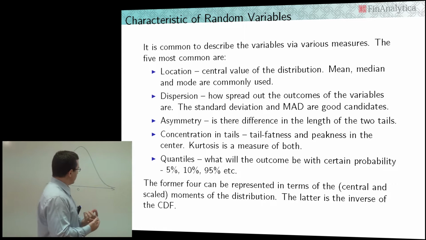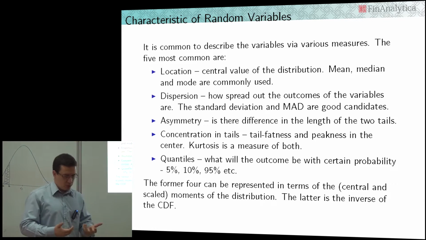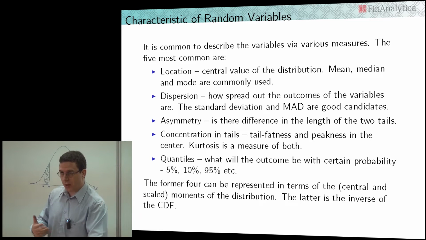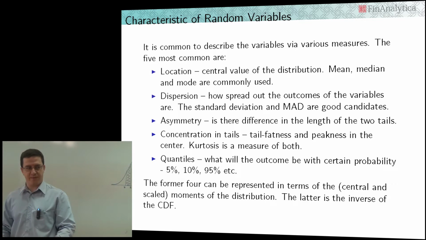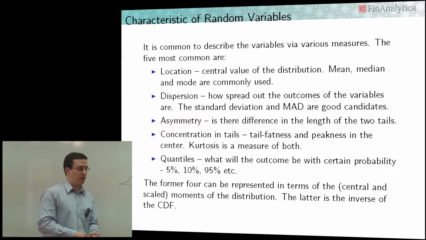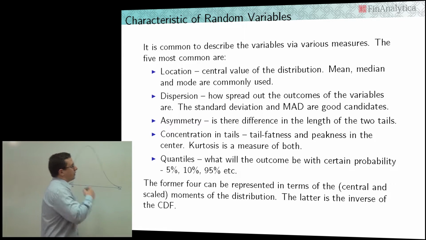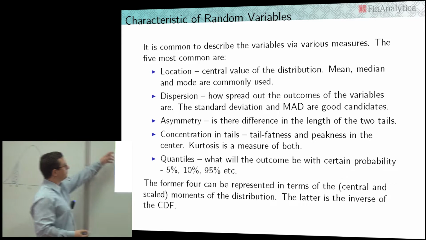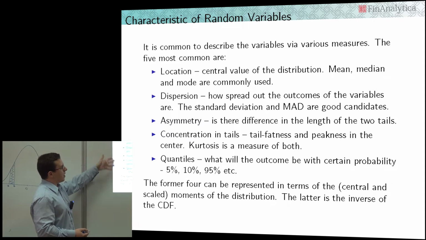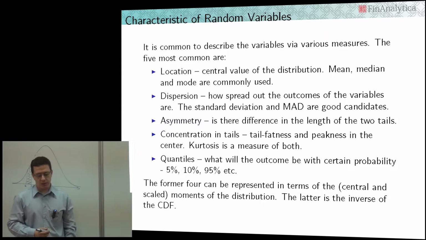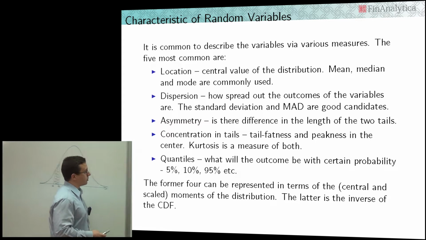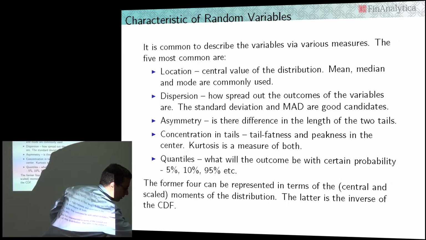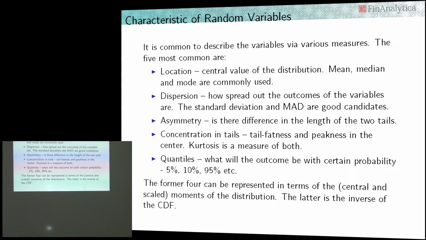It's much more intuitive for people to look at one number and say, okay, I understand that, rather than showing them a function and saying this is the PDF of the random variable. Usually these 5 measures are the most common ones to be used, and we're going to go through them one at a time just to discuss them and show how they are used.